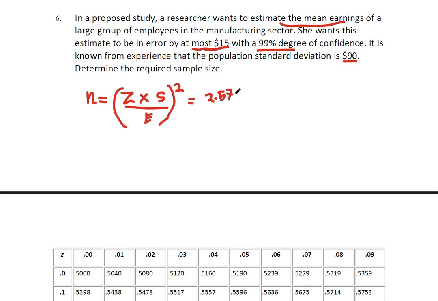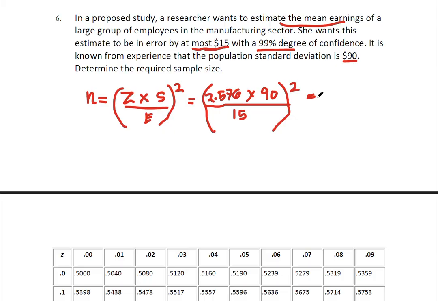That is the table reading that corresponds to a 99% level of confidence, multiplied by the standard deviation given to us of 90, all divided by the maximum tolerable error of 15, and then we're going to simply square that result, and it will give us the required sample size to guarantee the parameters that are outlined.